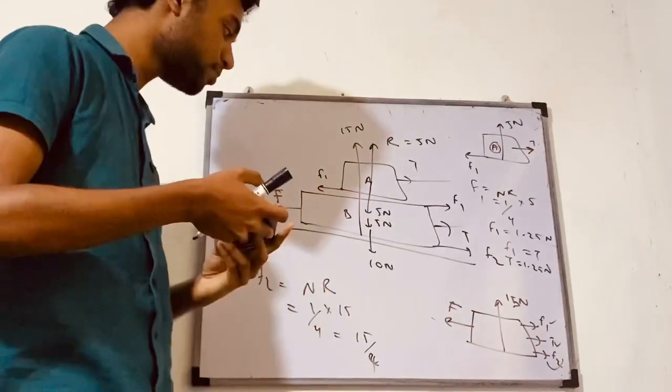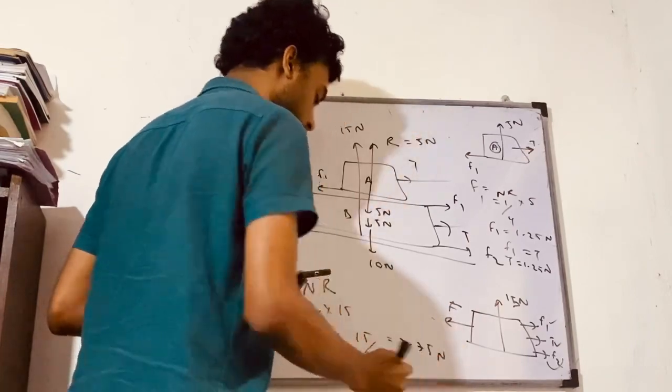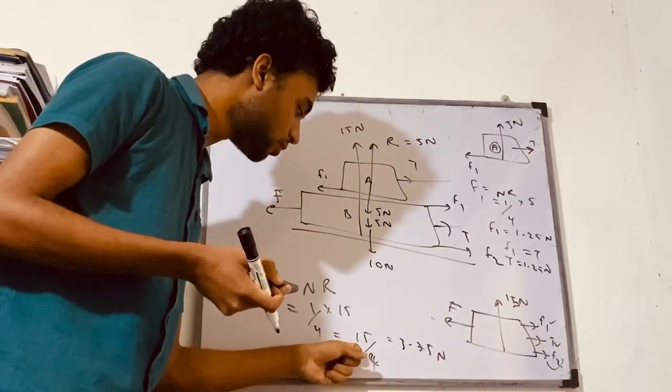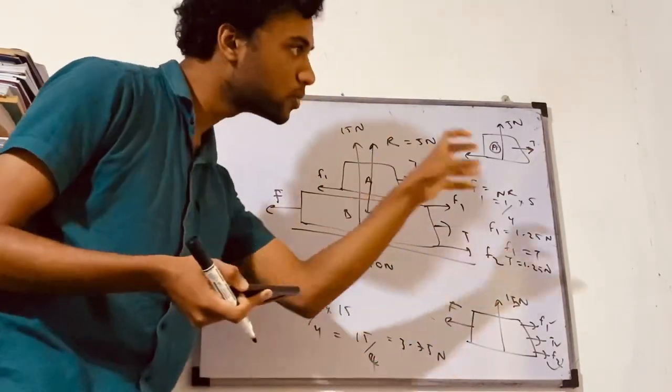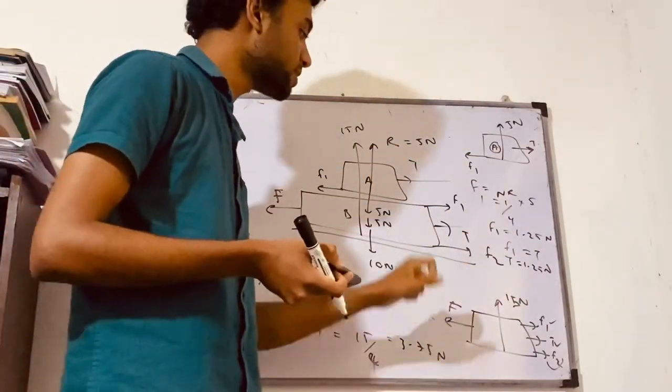So we get 3.75 as the answer. It's a method of simplification: break 15 down as 12 plus 3, divide each separately by 4, and I get 3.75 newtons.